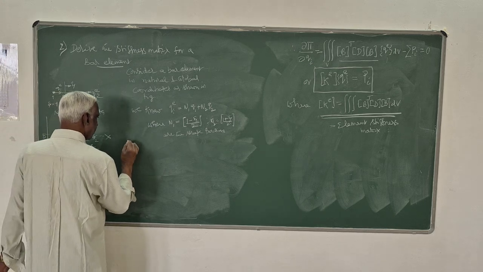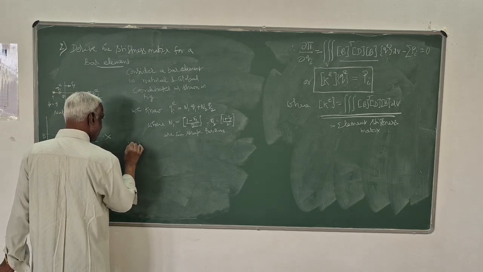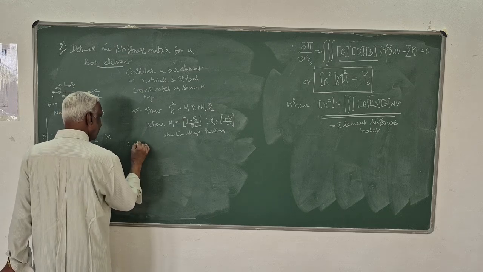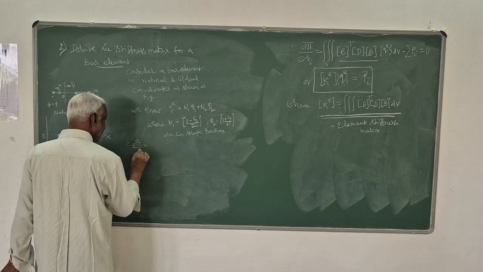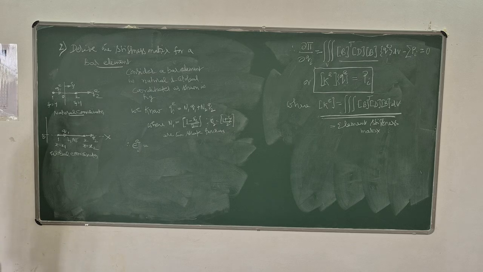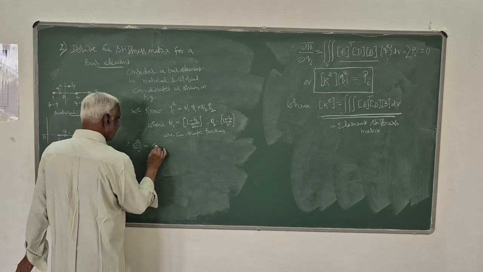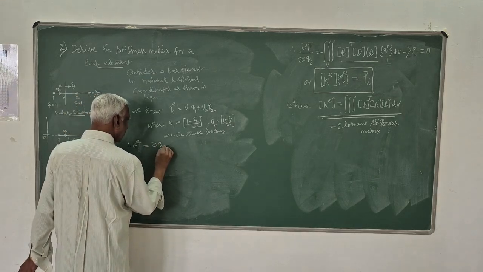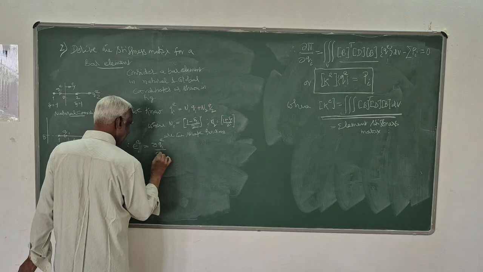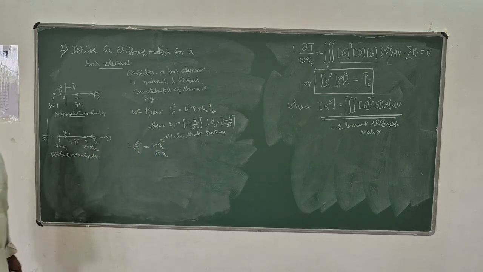So there is a strain epsilon of the element. The strain at any point is given by dq by dx.